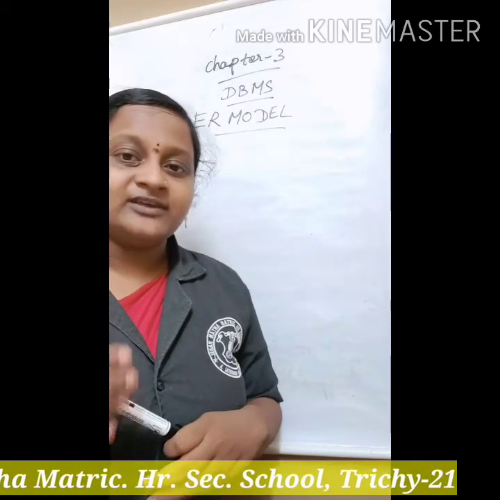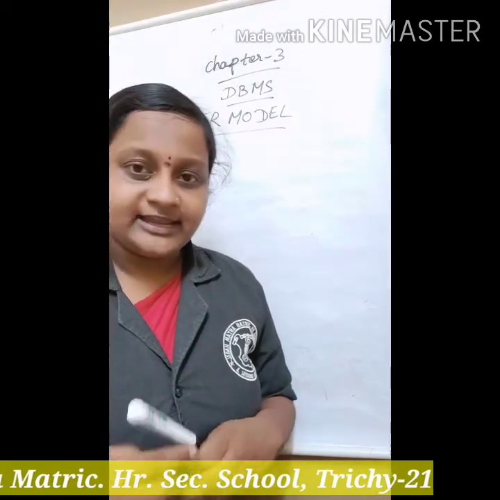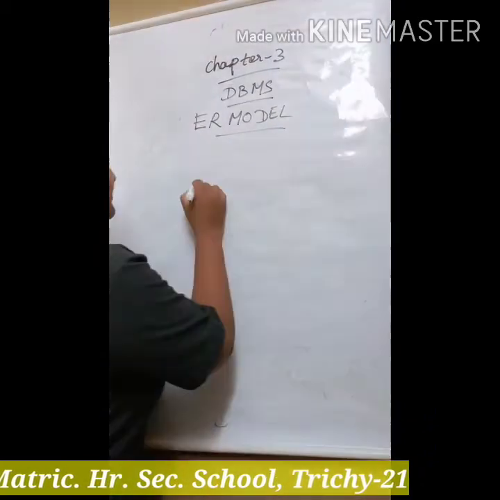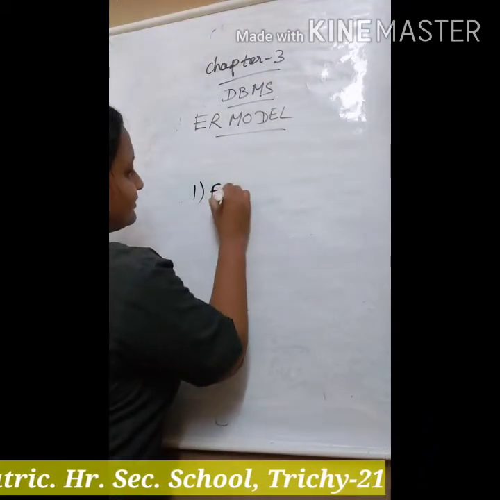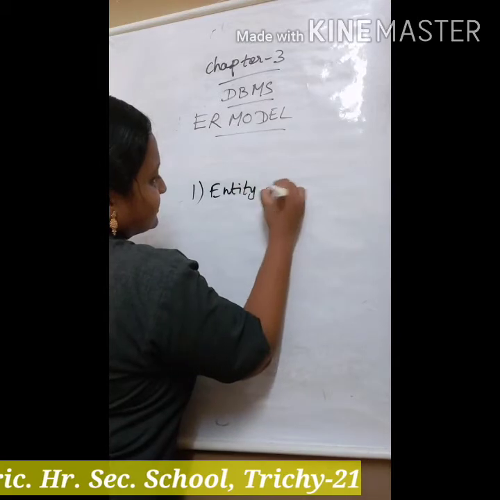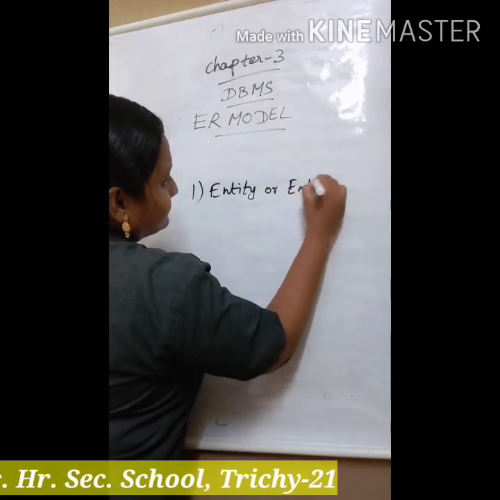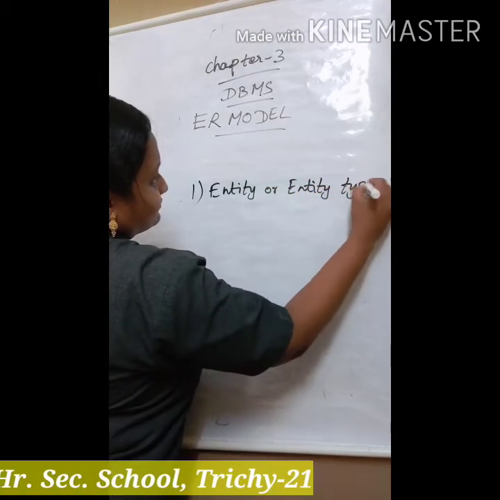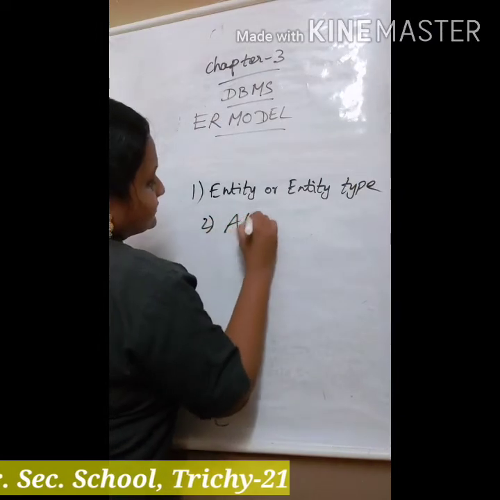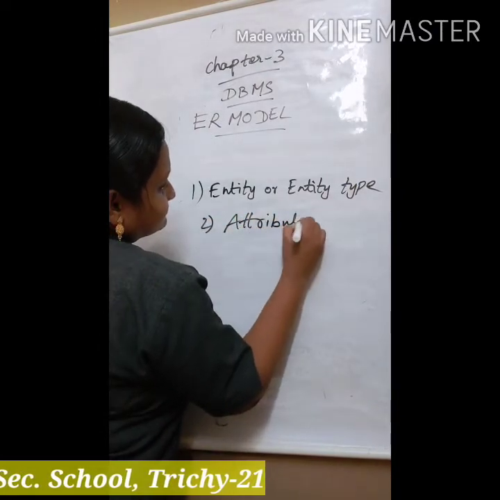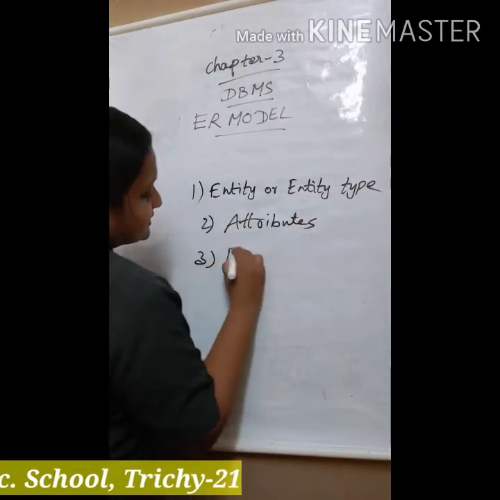Basic concepts of the ER model. It has three concepts. The first one is entity or entity type. The second one is attributes. And the third one is relationship.